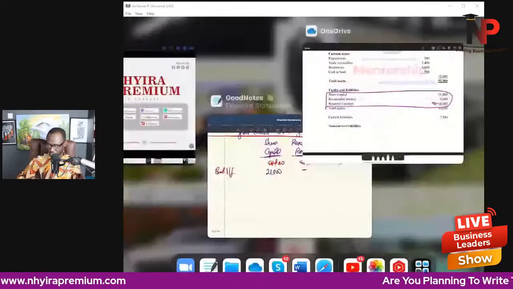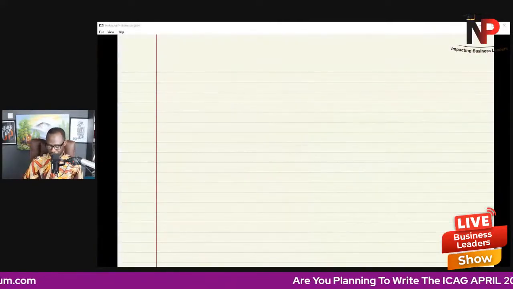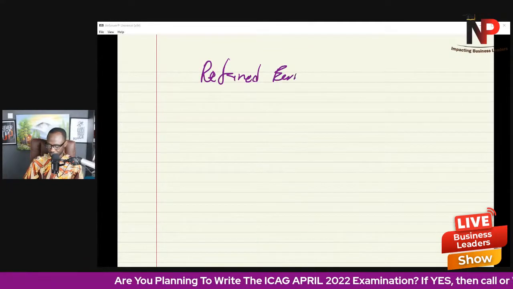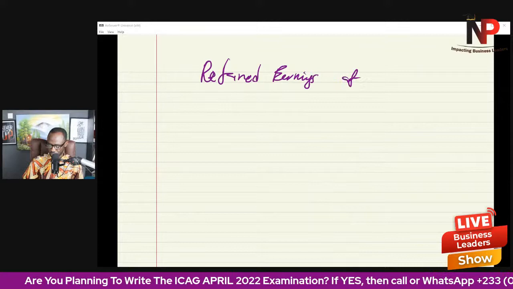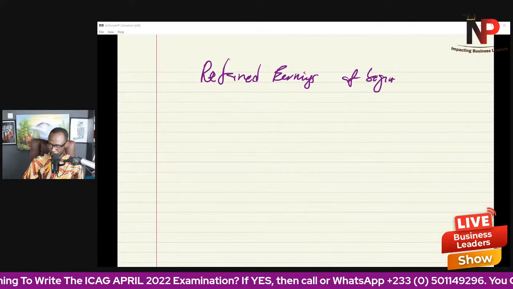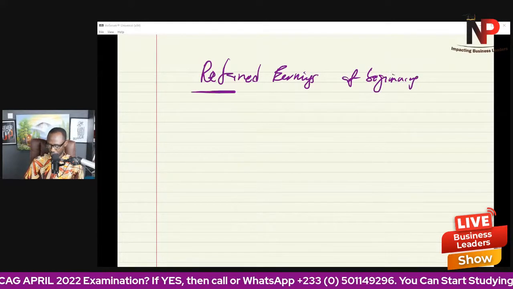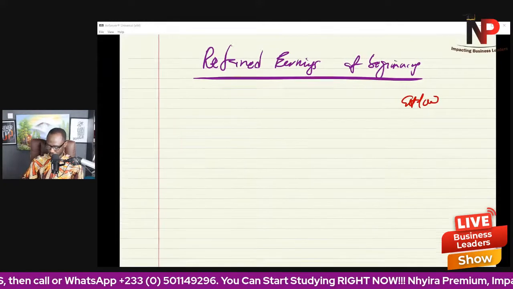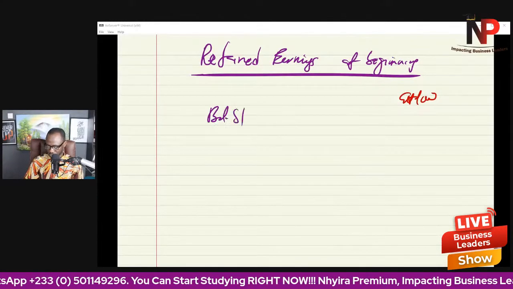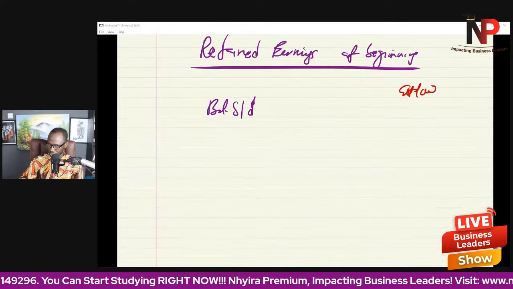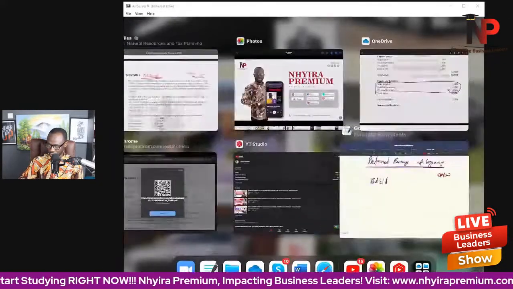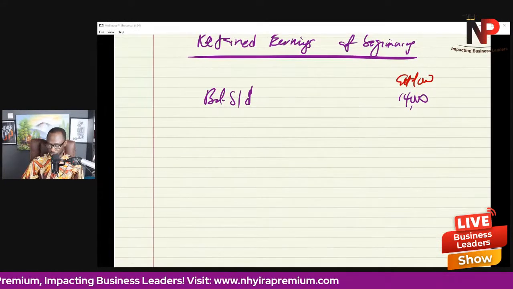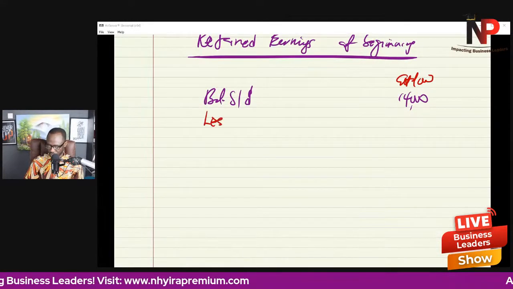So if we want the retained earnings at the beginning of the year, it will be the retained earnings at closing, the balance brought down, which is the closing figure, 14,000, which will include dividend and profit for the year.